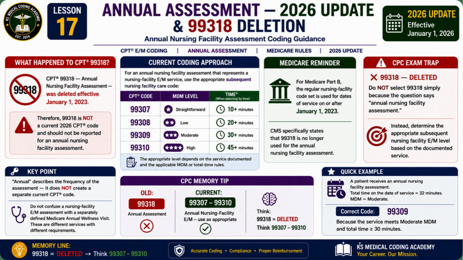The key memory line is 99318 equals deleted → think 99307 to 99310. This is especially important because older study materials may still show 99318 as an annual assessment code. Next, we'll review Medicare-specific nursing facility coding rules.